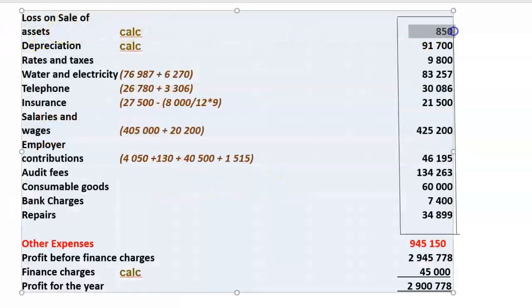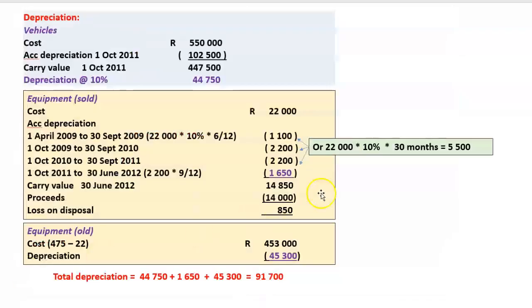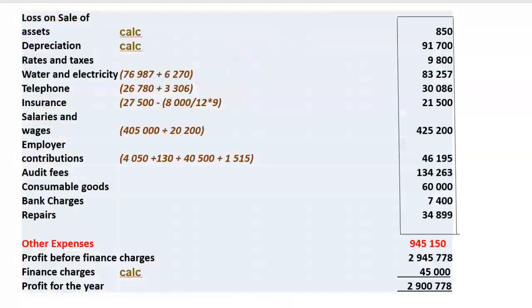Loss on the sale of assets, that was the 850 that we've spoken about. Depreciation was this total depreciation, the 44,750, the 1650, the 45,300, in total 91,700. Rates and taxes, just like they gave it to us, there were no adjustment entries.